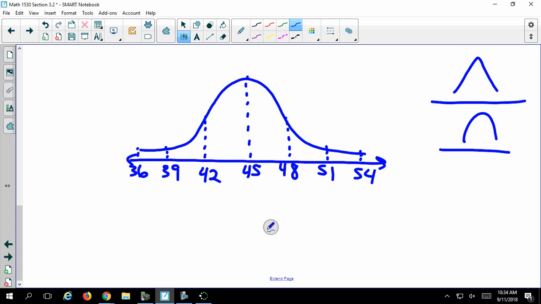And we're going to use the picture, the template, to fill out all the percentages. I have them memorized, but you can use the template that's on the formula sheet, and it's in your notes.